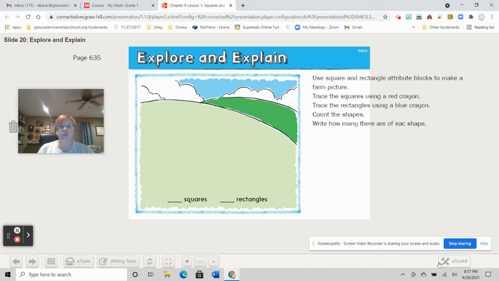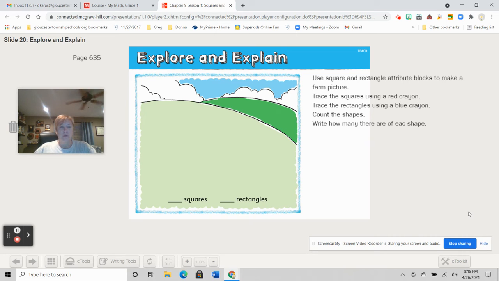Now I would like you to go to your workbook, page 635. Pause if you need to turn to that page now. Okay, so this one I'm going to tell you what to do. You will probably need to pause the video to do it, okay? But let's first find the directions here. It says use square and rectangle attribute blocks to make a farm picture, okay?